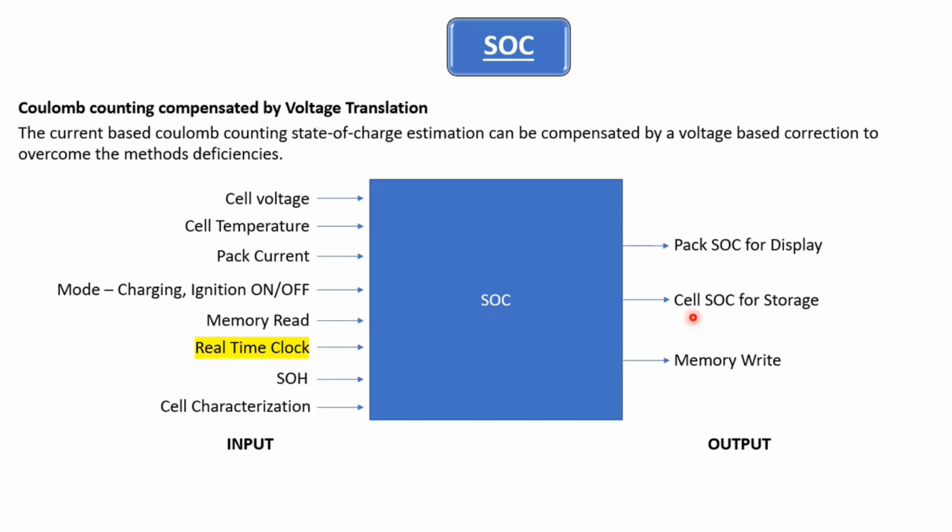Say I have 5 cells, and the cells have an SOC of 80, 80, 80, 70 and 80. One is only 70. Now the pack SOC is not the average of the cell SOC. Pack SOC is completely different from the cell SOC. So that is what we meant to see here. We have to consider the complete pack state of charge condition and the cell state of charge condition, and then only we have to act.